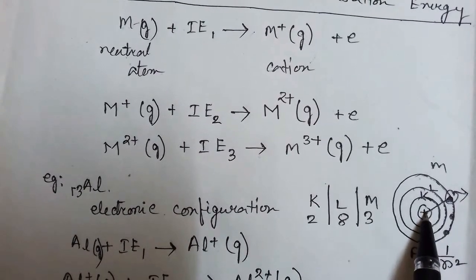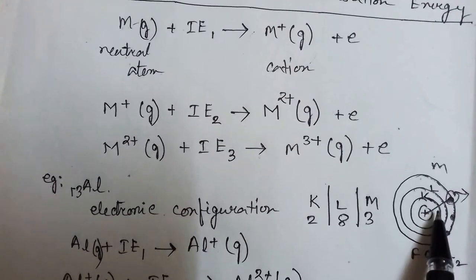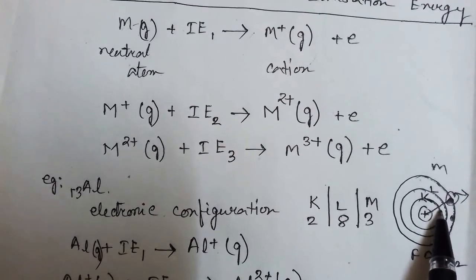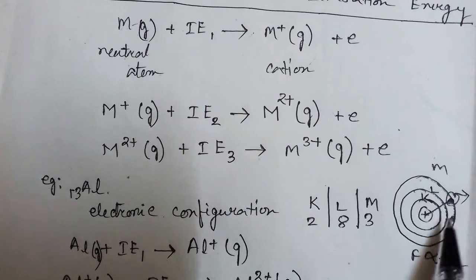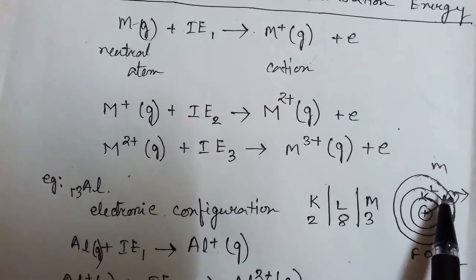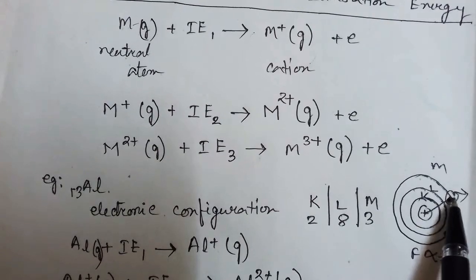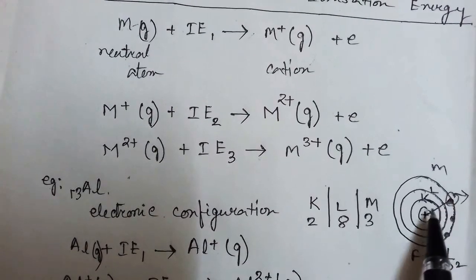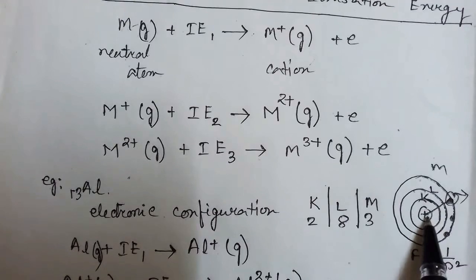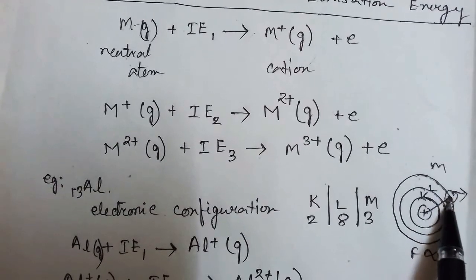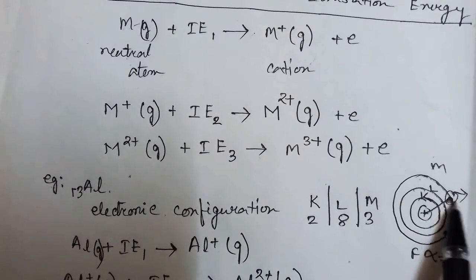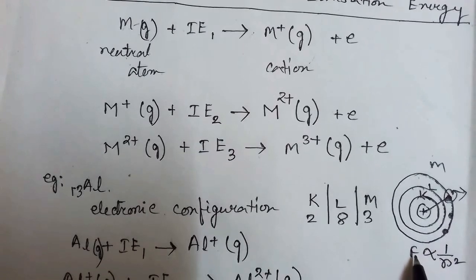So, as we move from the nucleus towards the last shell, K the first one, L the second one, M the third one, the last shell is M. The last electron, that is the outermost shell electron, being far away from the nucleus, there will be lesser pull, right?